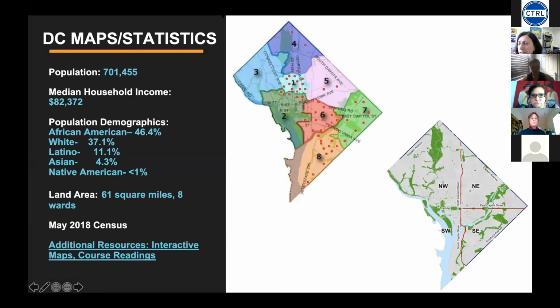So I just want to reiterate, I think it is important we all be informed about some of the basics about DC in order to encourage our students to learn. So if we don't know that there are 8 wards or 4 quadrants, or more or less that there's less than 1 million people, and that it used to be a majority African-American city, but now it's only about 46%.